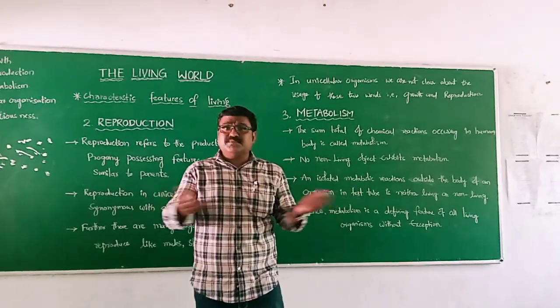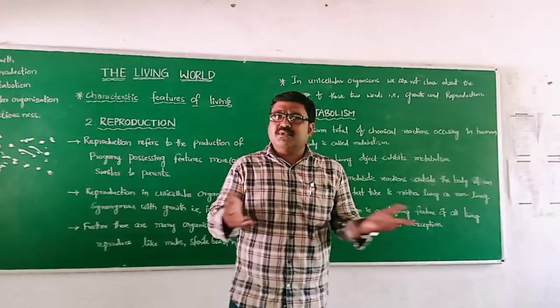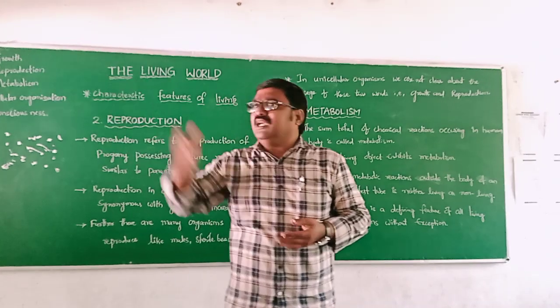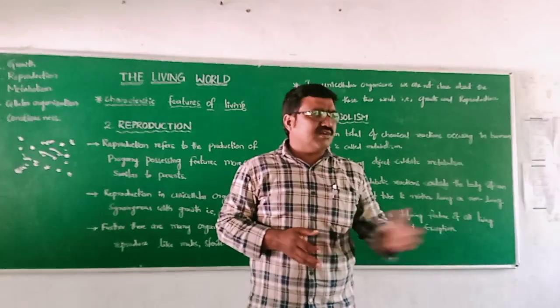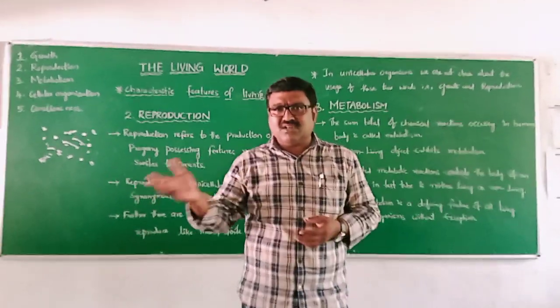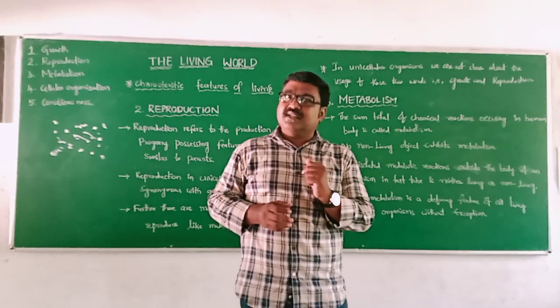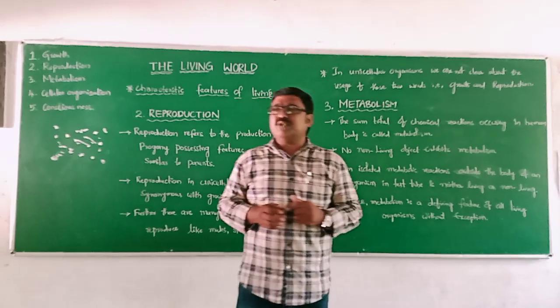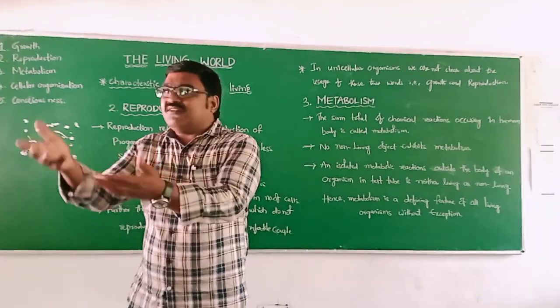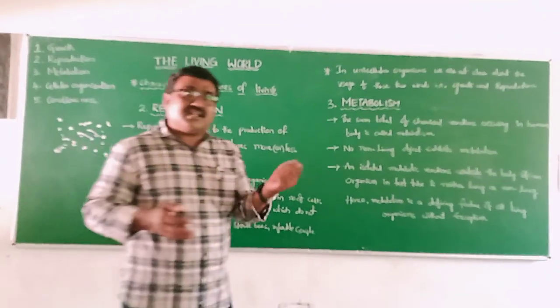And there is no exception for metabolism, because metabolism cannot be performed by any non-living object present in our surroundings. Is it possible for a non-living object to perform metabolism? No, it is not possible. But these metabolic reactions can be performed artificially in the laboratory or in a test tube.